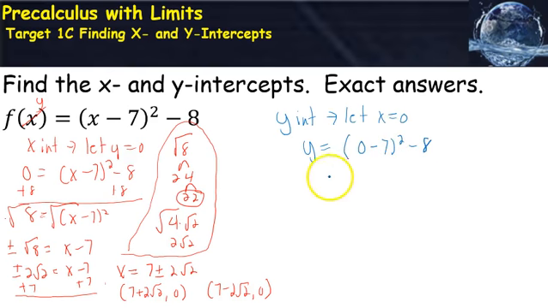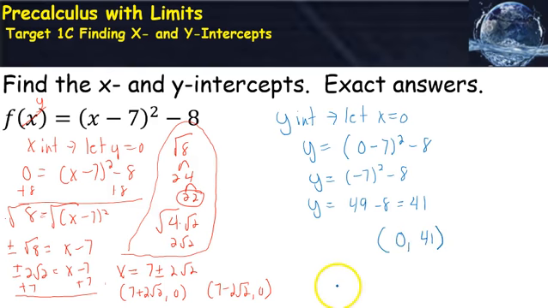So 0 minus 7 is negative 7, and negative 7 squared is positive 49, and 49 minus 8 is 41. So my y-intercept is (0, 41), because I let x equal 0. And my x-intercepts were (7 plus 2 root 2, 0) and (7 minus 2 root 2, 0).